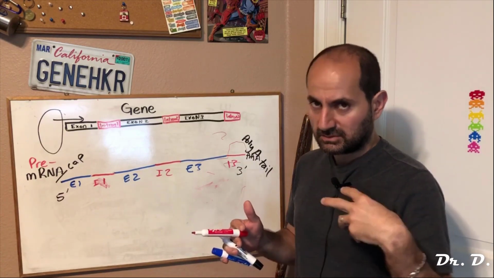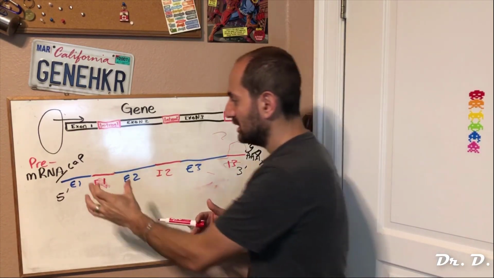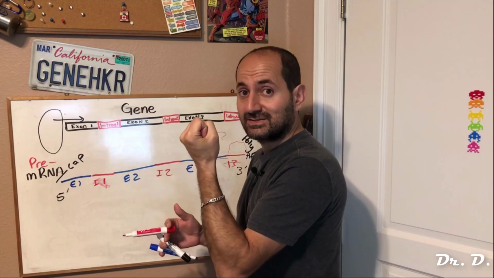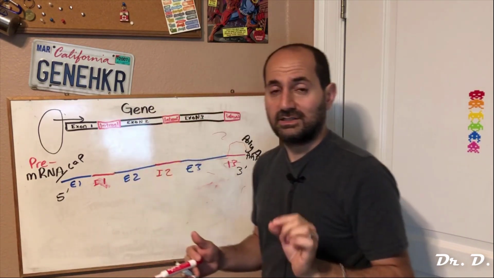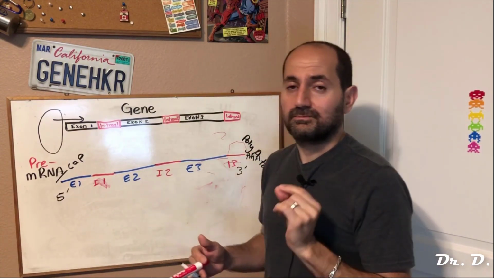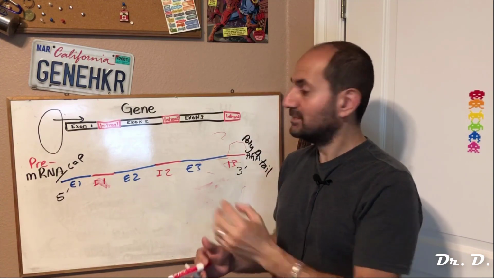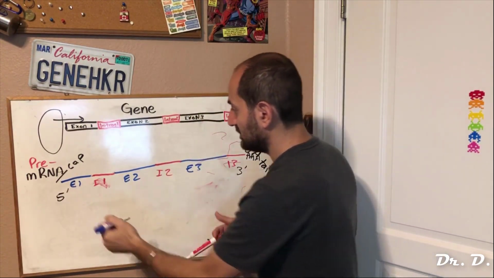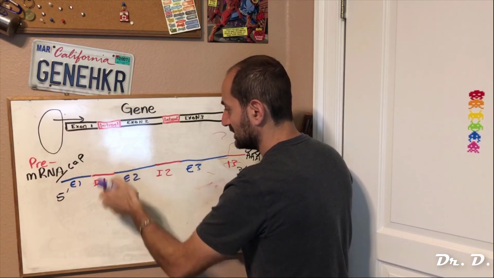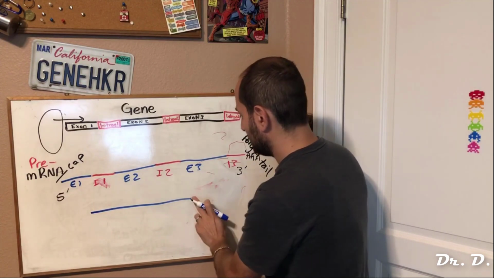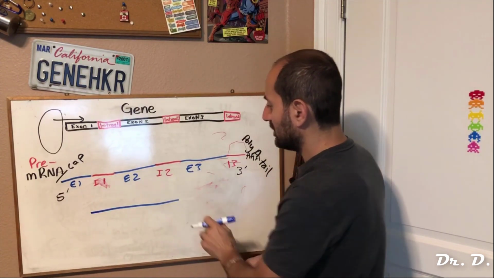A special enzyme called the spliceosome comes along and literally splices out, excises, the introns. You need to know that the introns are excised by the spliceosome. So what are you left with? If you cut out all the introns, you're going to be left with an even shorter mRNA.